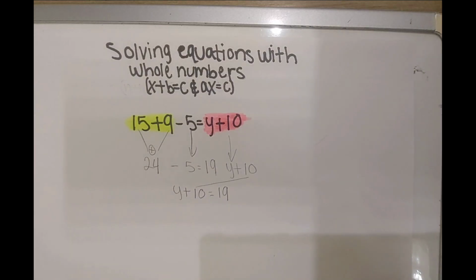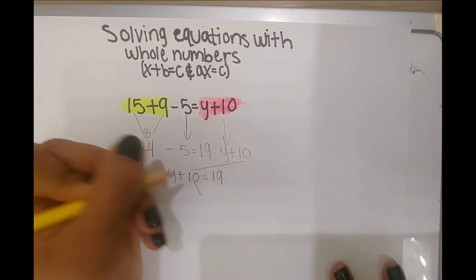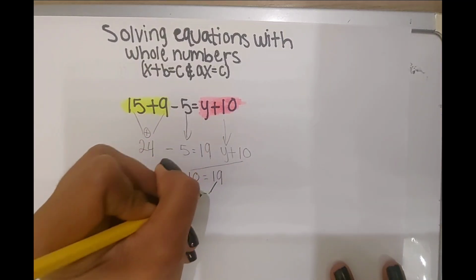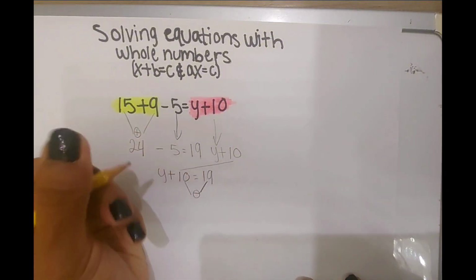Next, you subtract 10 from 19. You can't really do 10 minus 19.